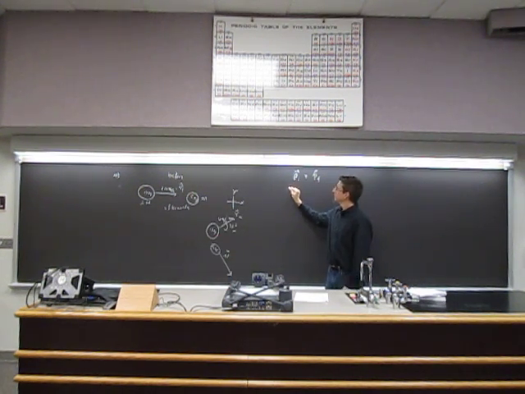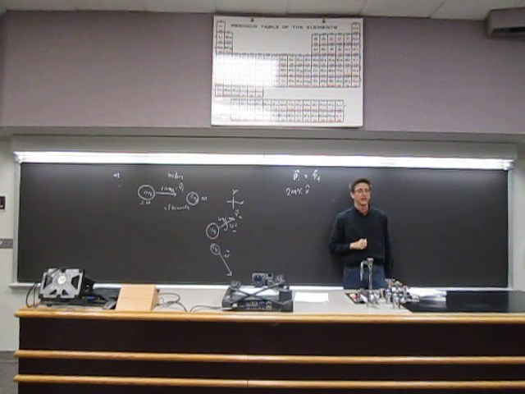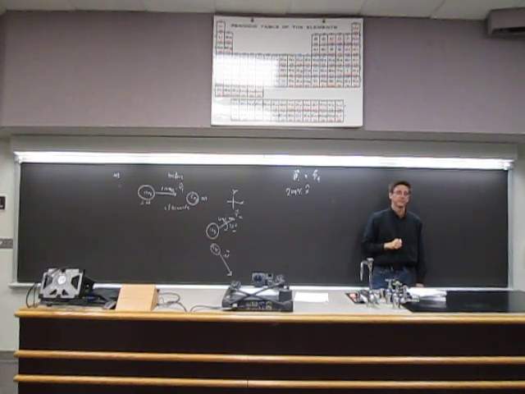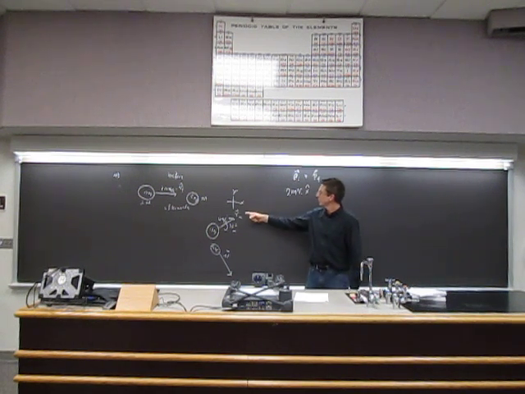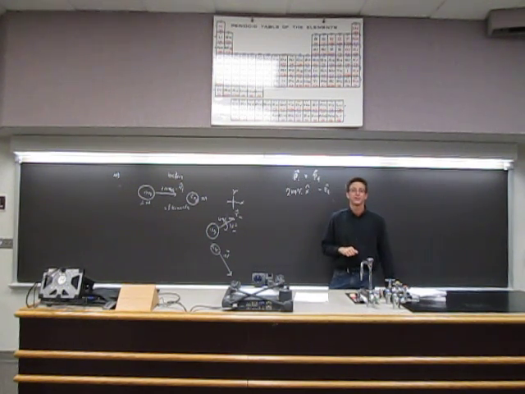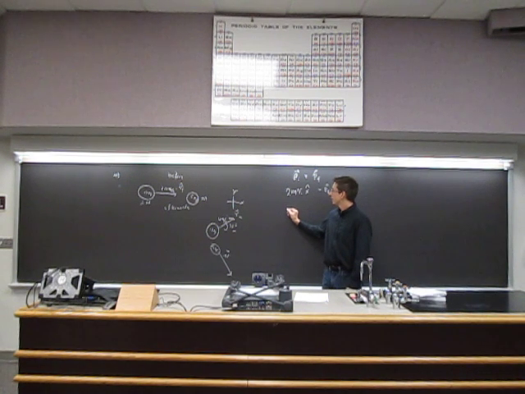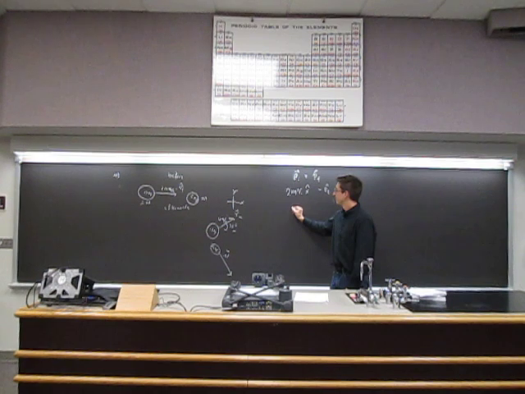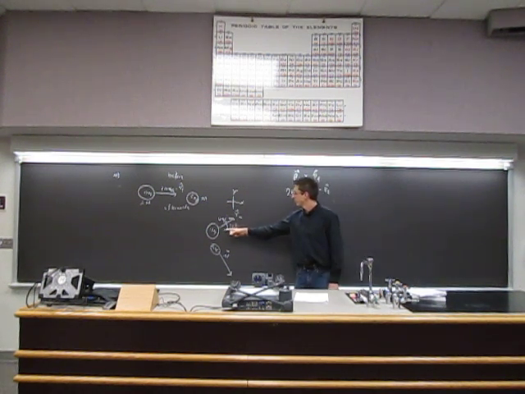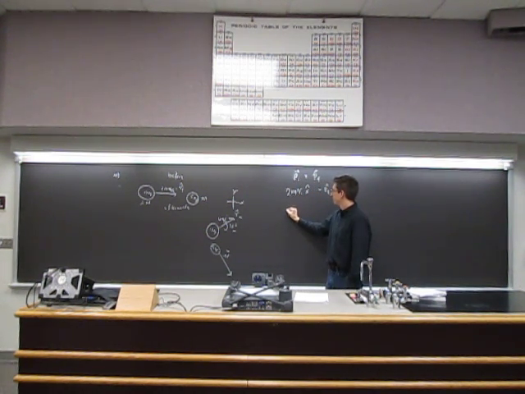So initially I have 2m V1 x hat, which is my momentum in the x direction, my total momentum, right? That has to equal the final momentum. So if I look at the final momentum here and write that out in vector form, this thing, which has a mass of 2m, traveling at 4 meters per second up like that, I'd have a cosine.